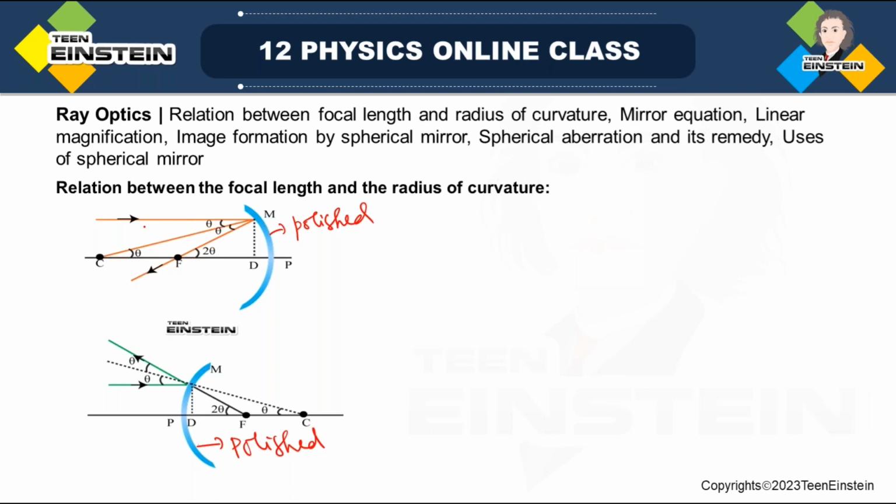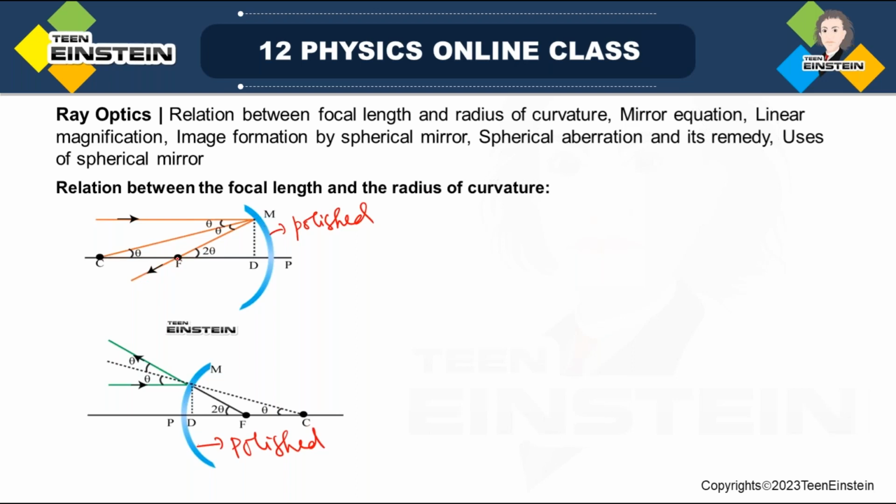So a parallel ray always passes through the focus after reflection. In this case also, you see this is a parallel ray which is passing through the focus after reflection. This is called the principal focus also.